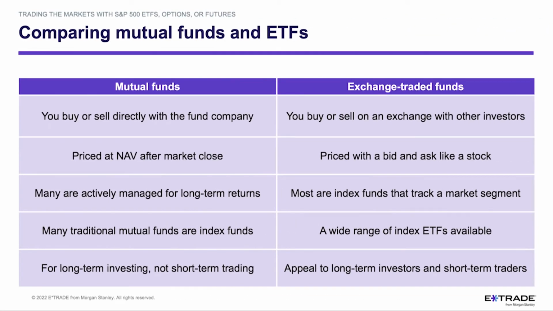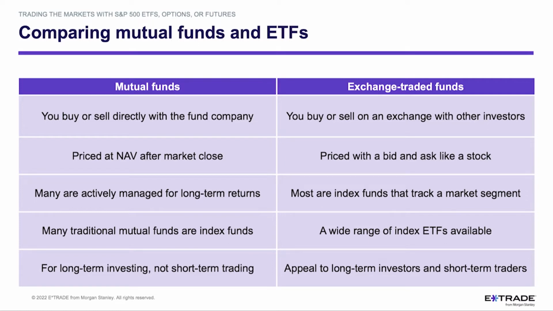Now, as we mentioned, let's take a look at some of the differences or comparisons between mutual funds and exchange traded funds or ETFs. So with mutual funds, you would buy or sell directly with the fund company. The fund company is the one that offers the shares. An exchange traded fund trades like a stock in the sense that it is listed on an exchange and you are buying or selling with other investors.